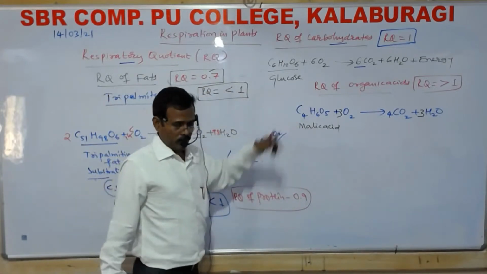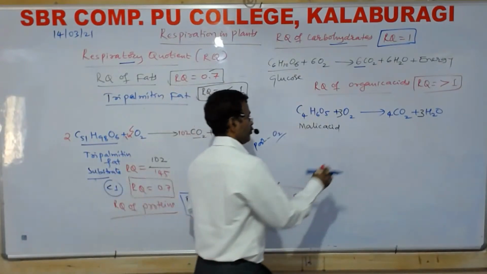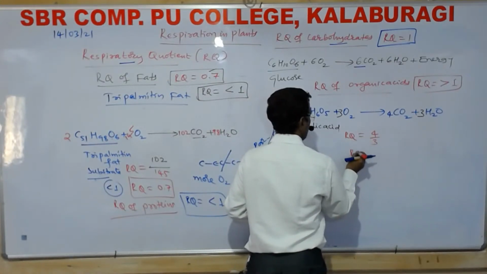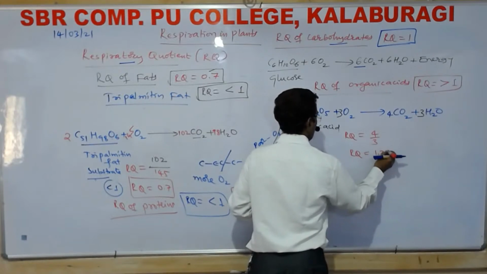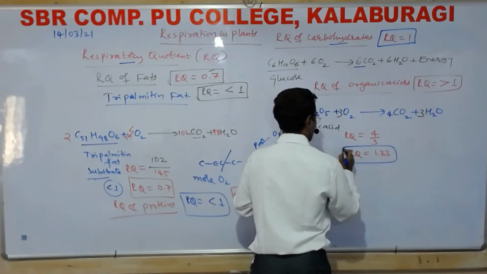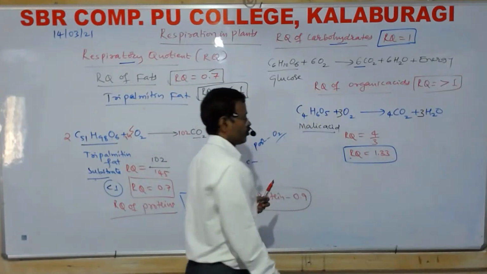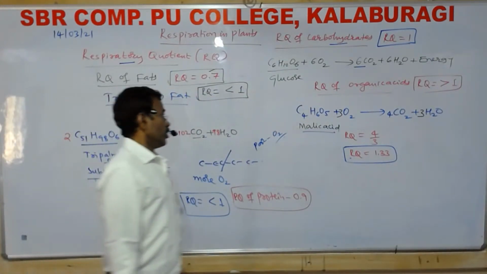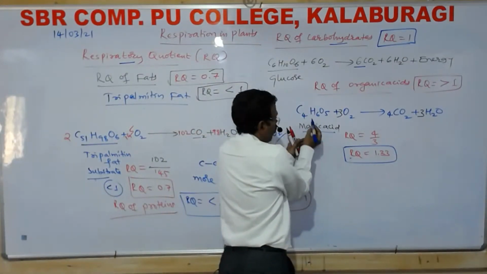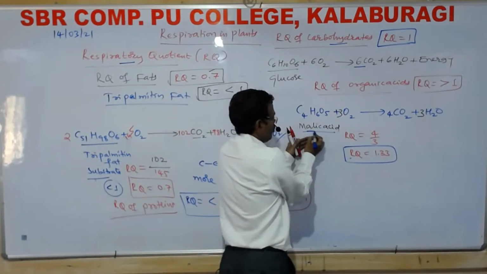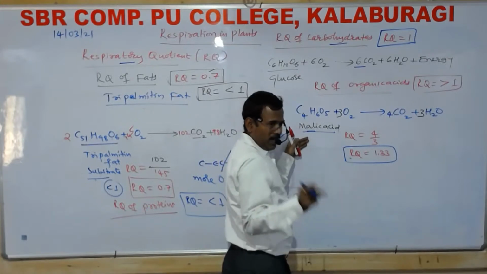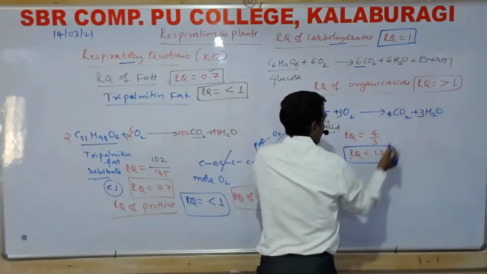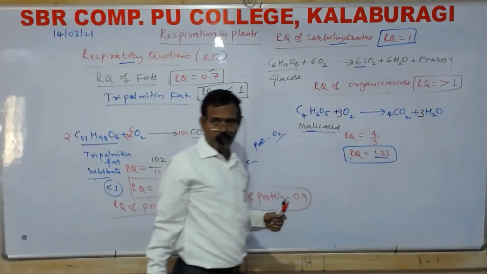This is malic acid. Balanced equation. So when an organic acid like malic acid is used as a respiratory substrate, the RQ is greater than 1, that is 1.33.